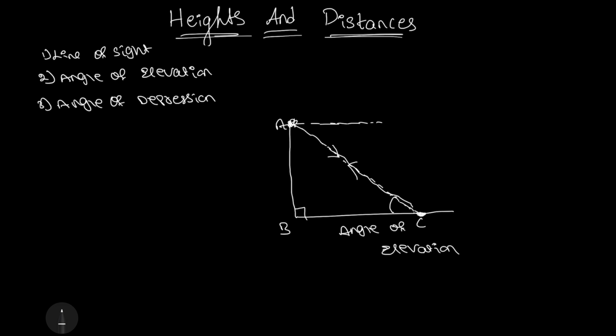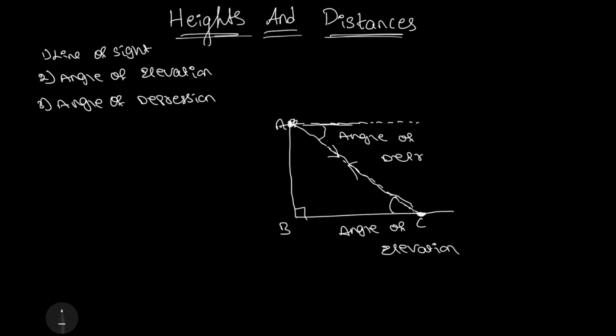We know always we have to count these angles using a perpendicular line and a horizontal line. So here also we will be having one horizontal line, an imaginary horizontal line. And the angle formed between this imaginary horizontal line and the line of sight is called as an angle of depression.